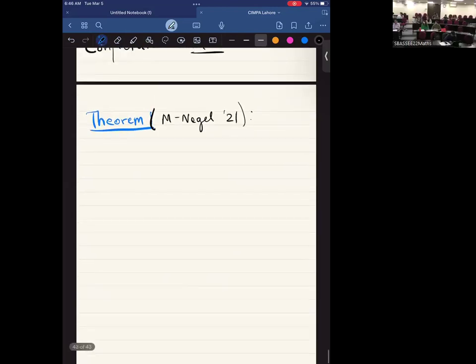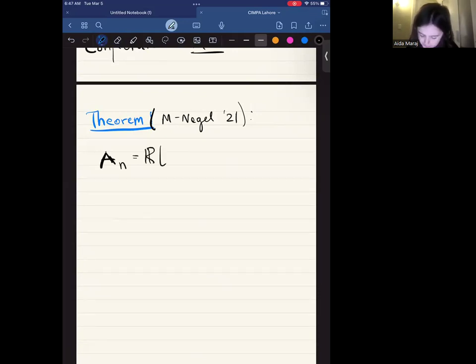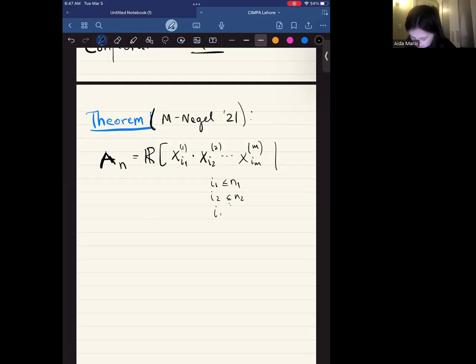Okay, so what we show is that if we take A of n to be R of, let's say, I'm going to call them X, and I'm going to abuse a little bit of notation now, X_{I1} times X_{I2}, through X_{IM}, if we take this for every I1 less than or equal to N1, I2 less than or equal to N2, IM less than or equal to NM.